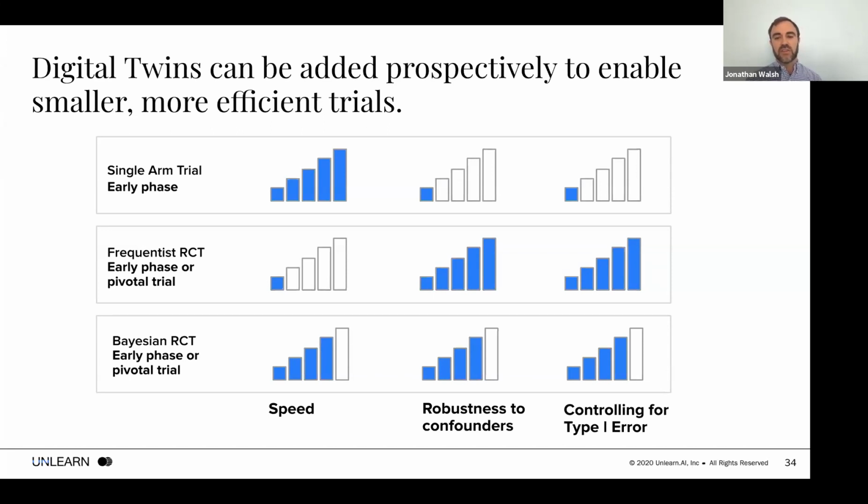We can use digital twins to make trials as efficient as possible while still maintaining the degree of control that we need. And then in the Bayesian case, we want to prioritize all of these things and weigh them by utilizing prior information about studies to make informed decisions efficiently.